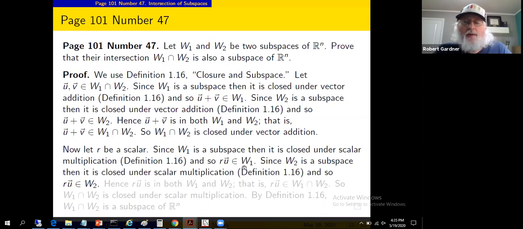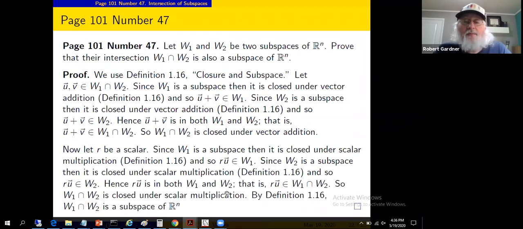Well, W1 is closed under scalar multiplication because it was given as a subspace, so r times u is in W1. Same argument. W2 is a subspace. It's closed under scalar multiplication, so scalar R times vector U is in W2. So R times U is in both of them. So it's in the intersection, and the intersection is closed under scalar multiplication. We've got closure under vector addition and scalar multiplication. We got ourselves a subspace.